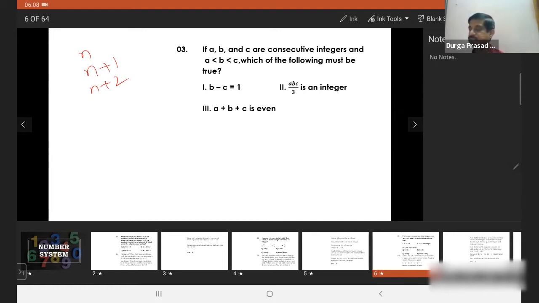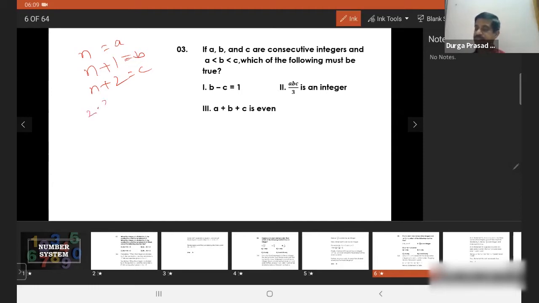Okay. So now, what is that question? He says, which of the following must be true? So this is A, this is B, and this is C. B minus C should be minus 1, not 1. So this is wrong. Option 1 is wrong. 2. ABC by 3 is an integer. For example, n is 2.